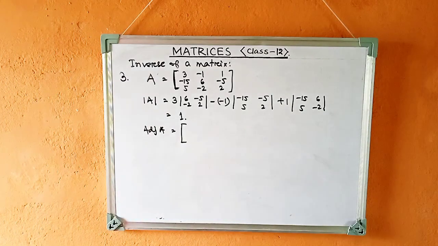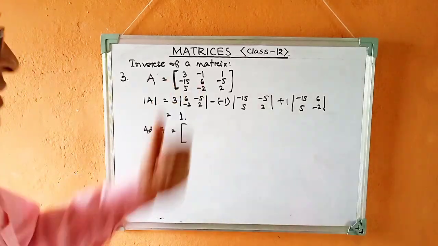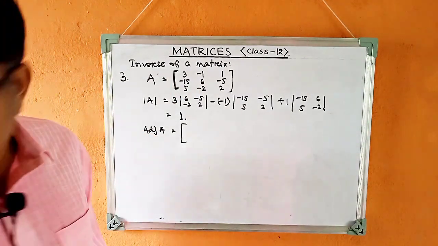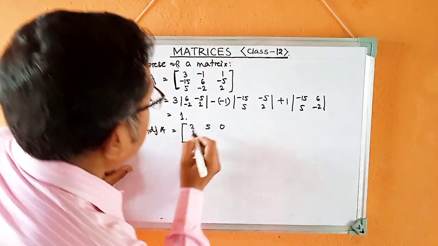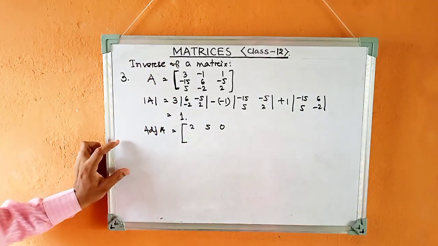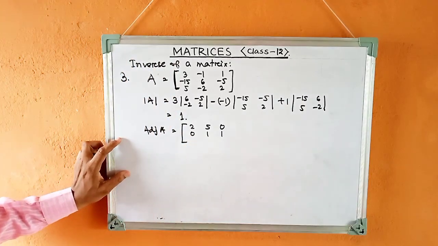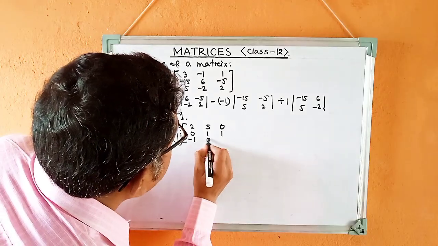So the cofactor of the first element, after calculation, we get 2, 5, 0, then 1, 1, 0, then 1, 1, then minus 1, 0, 3.